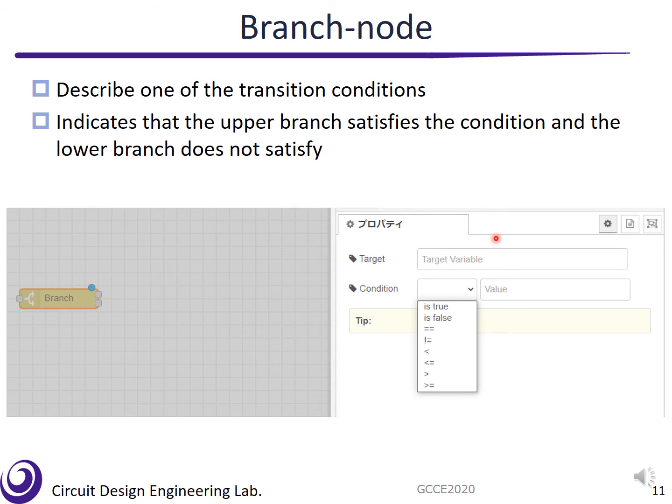After that, it's used by entering the operator to be used in the condition and its value. Then it represents the case where the one connected to the upper side of the node satisfies the described condition, and the case where the one connected to the lower side does not satisfy the described condition.